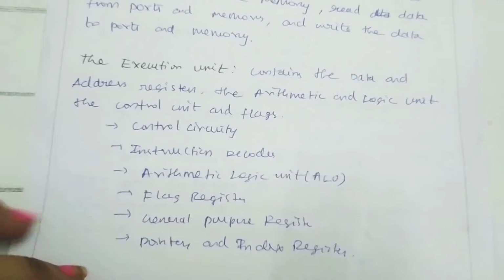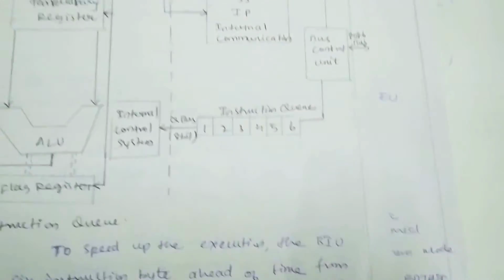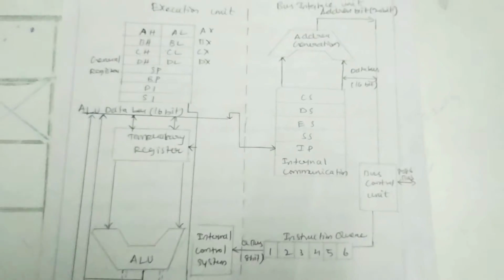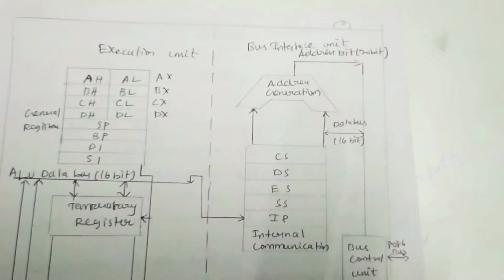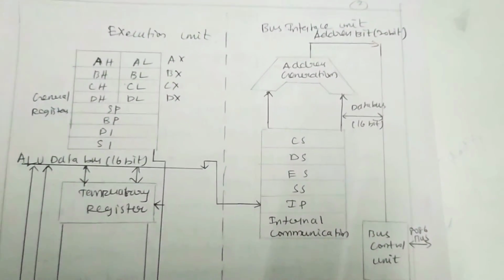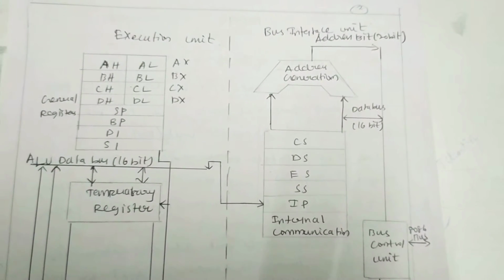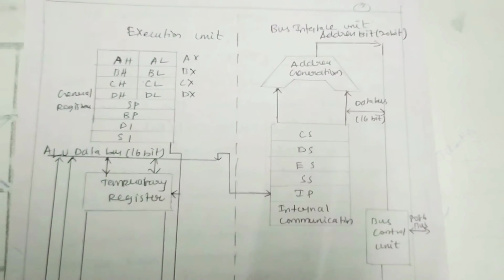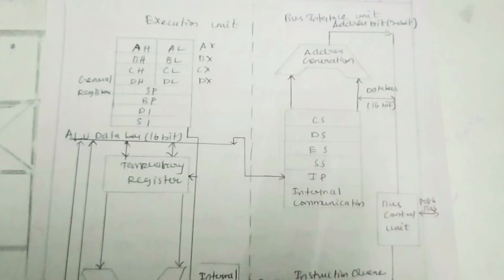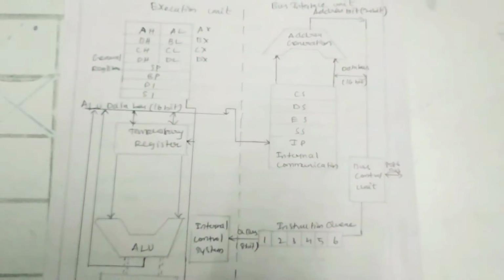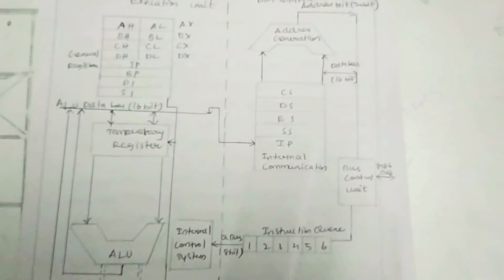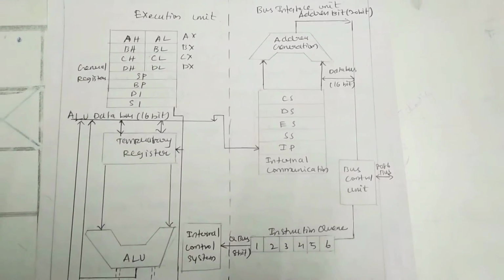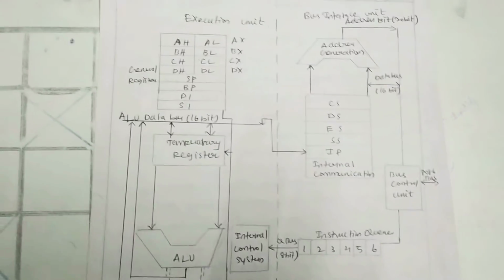Now we will see the architectural diagram. This is the architectural diagram of the 8086. There are two units: the execution unit and the bus interface unit. First we will see the execution unit.